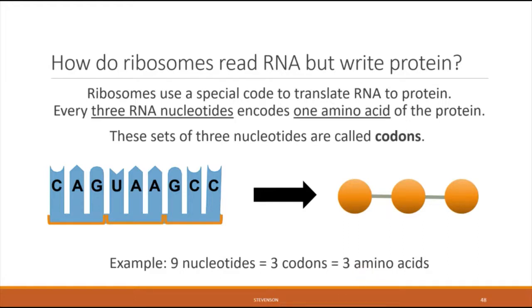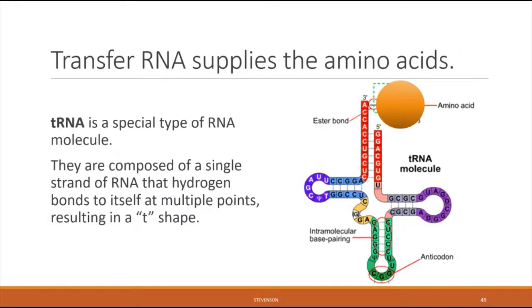The amino acids are brought to the ribosome by another special type of molecule that is called a tRNA. tRNA stands for transfer RNA, and is called transfer RNA because its job is to transfer the amino acid, so it's self-explanatory.